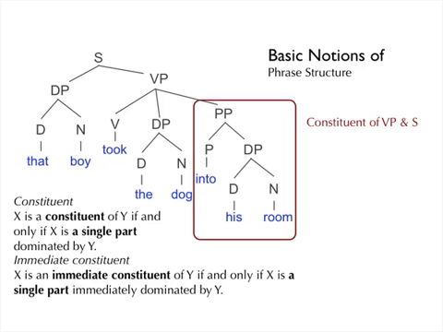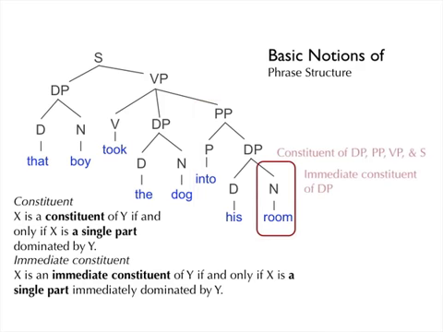And this is a constituent because it's a whole single part. That's what the function of those phrasal nodes is. So it's an immediate constituent of only the VP. Room is a constituent of a bunch of things, but only an immediate constituent, in this tree, the way we've drawn it, of the DP node that is its mother, right?